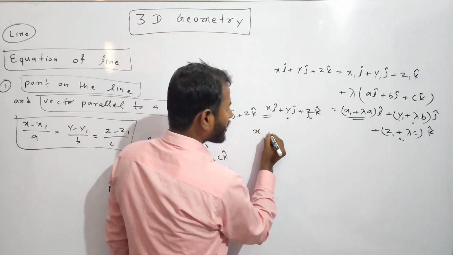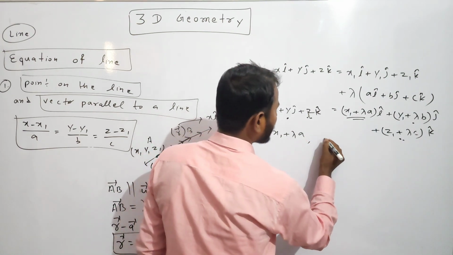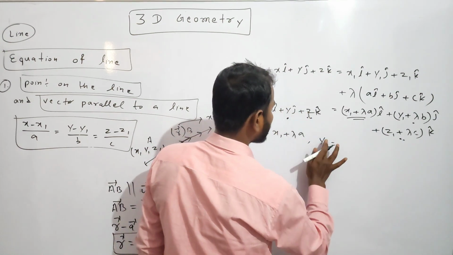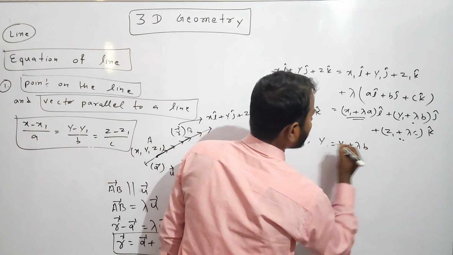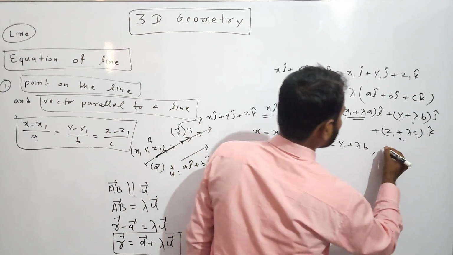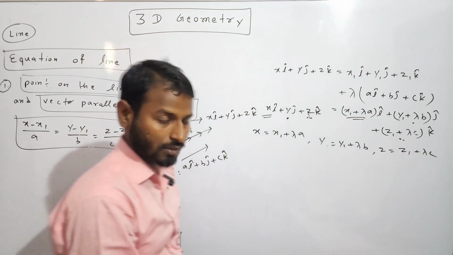So finally we have x is equal to x1 plus lambda times a, y is equal to y1 plus lambda times b, and z is equal to z1 plus lambda times c.